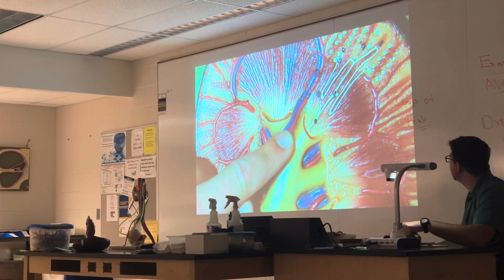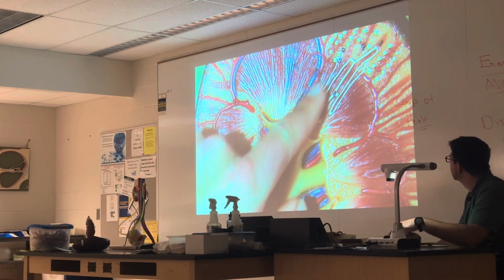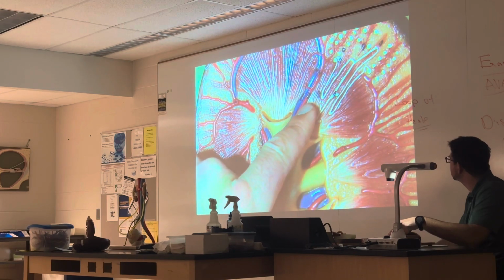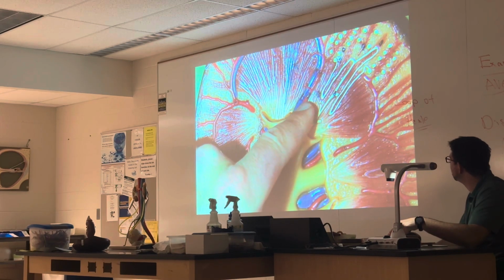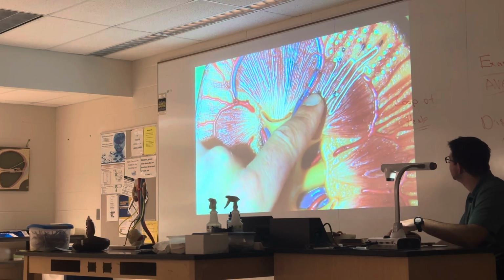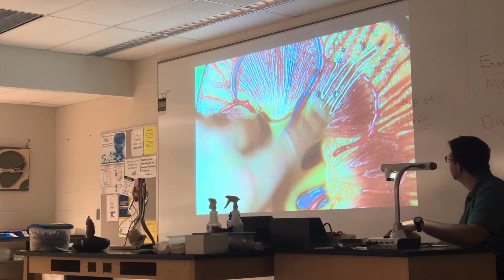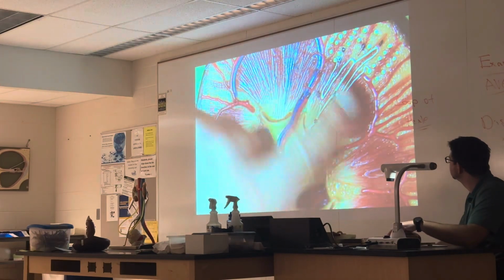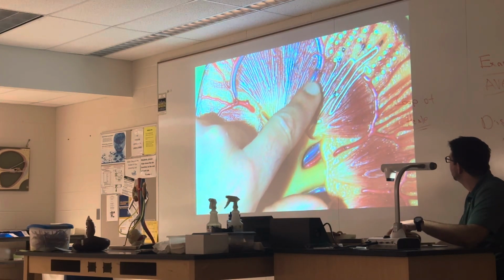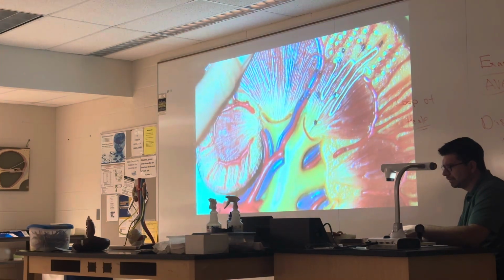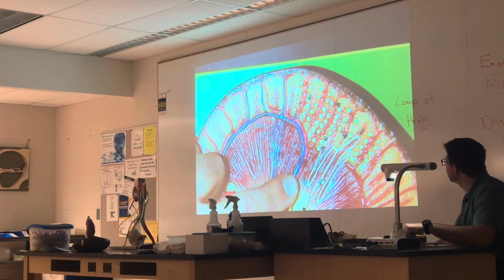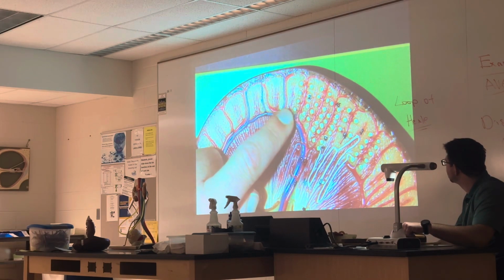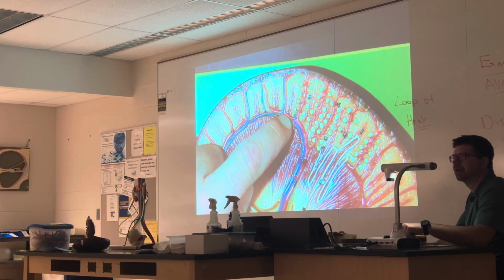All right, and then going up, this artery right here is an example of the interlobar artery. So here's the interlobar artery, always found between the renal pyramids. And then following the interlobar artery to the top, we have the arcuate artery.